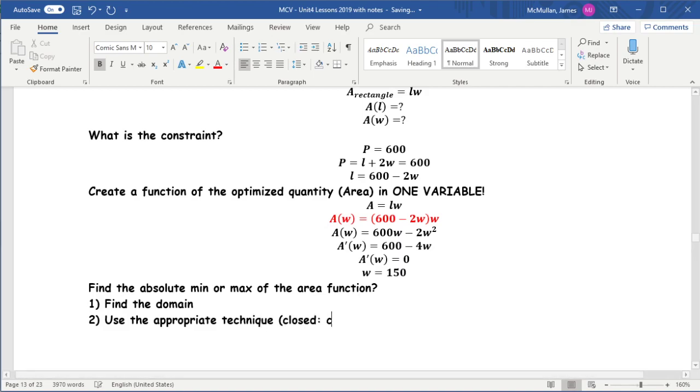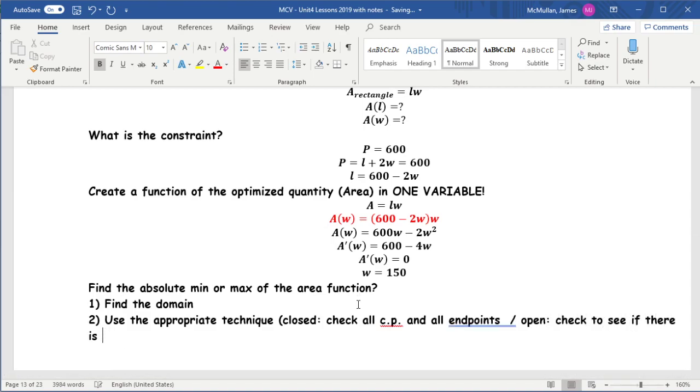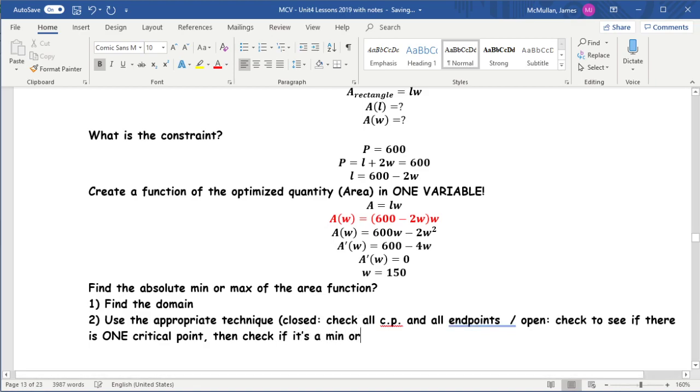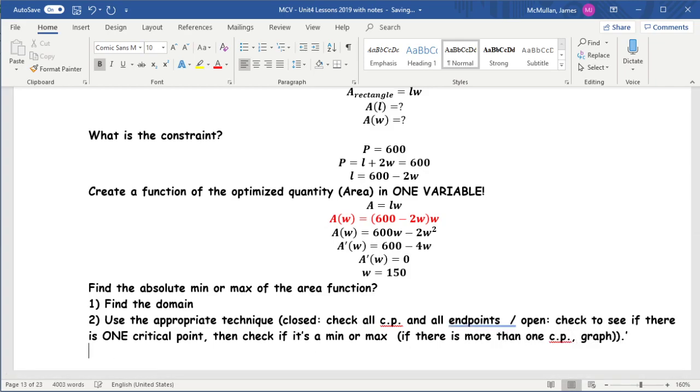If it's a closed interval, check all critical points and all endpoints, and find out which one's the lowest. If it's an open interval, check to see if there is one critical point, and then check if it's a min or max. Remember, if there is more than one critical point, you have no choice but to graph. That doesn't come up very often, but if it does, it's not that hard to do.